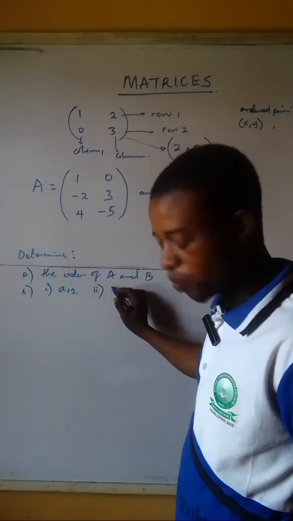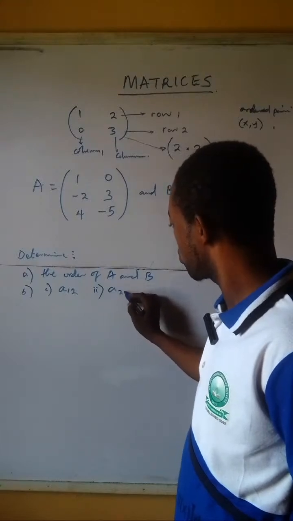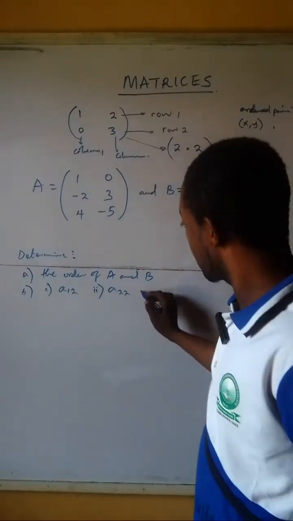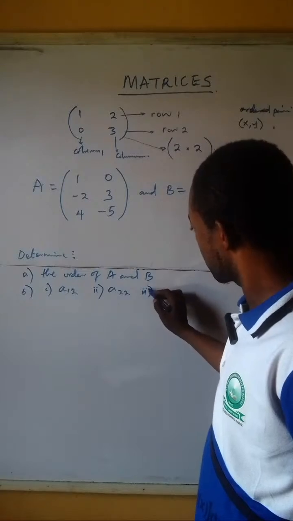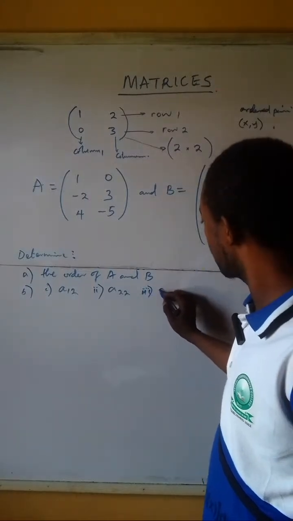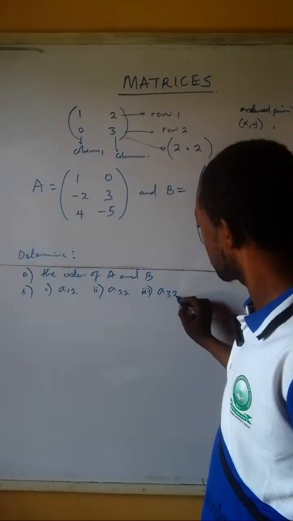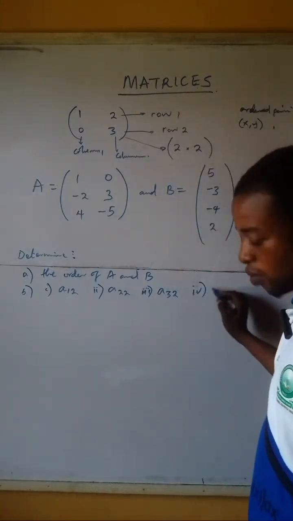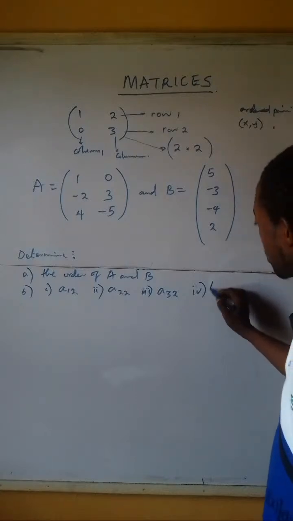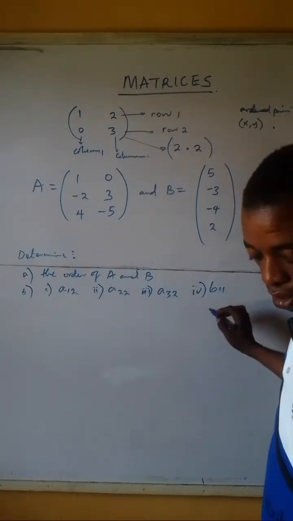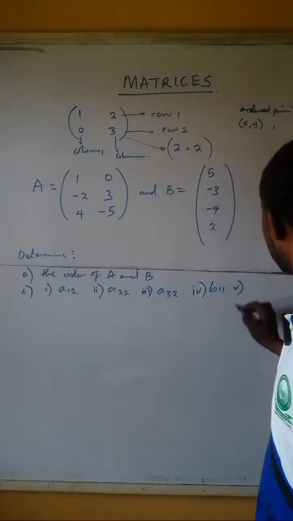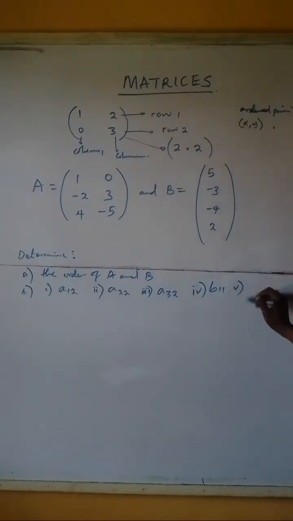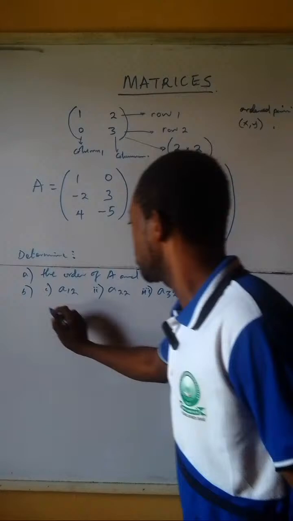Then also we have A22. Then 3, we have A32. Then 4, we have B11. Then 5, we have B41.